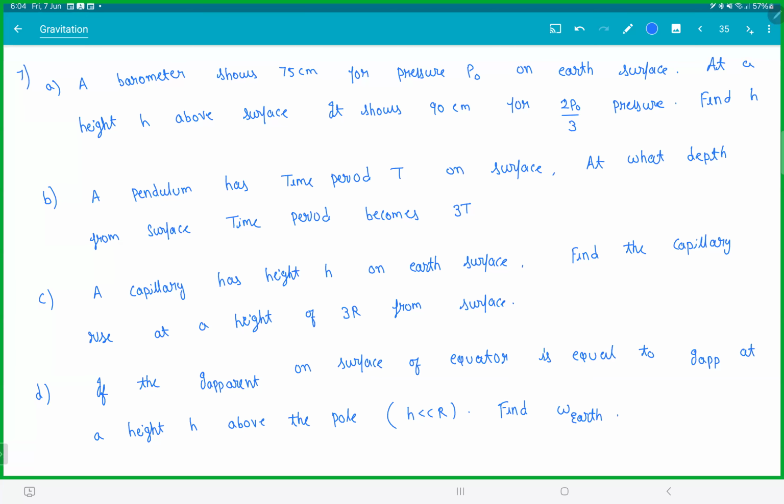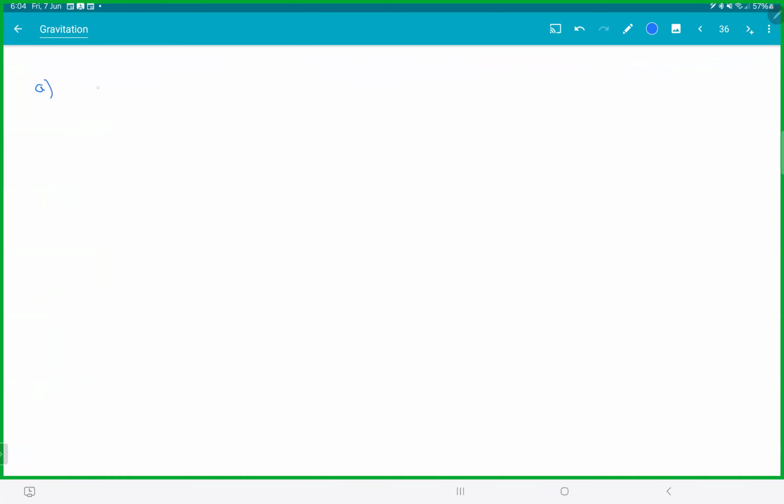Okay, let's see the first one. Barometer. Hope you remember the formula. H is equal to pressure P naught by rho G. Here density is constant, so H is proportional to P by G. So H1 by H2 is P1 by P2, G2 by G1. Initial height is 75 centimeters, final height is 90.